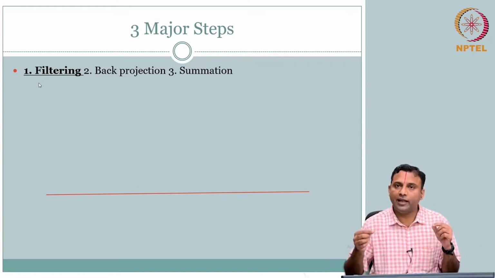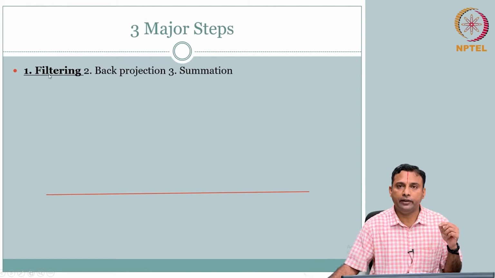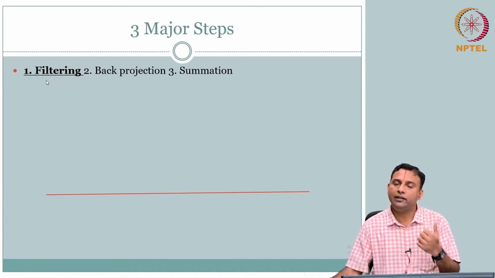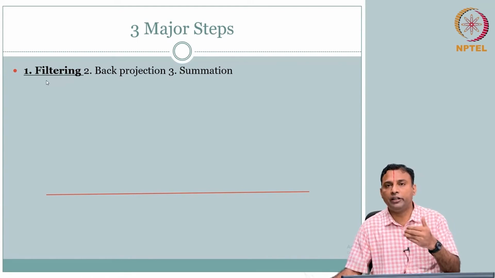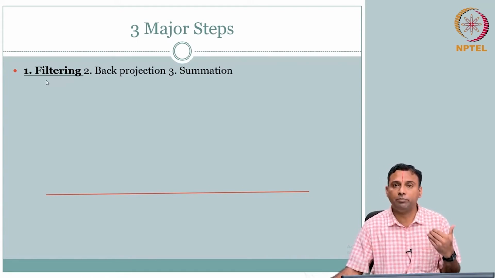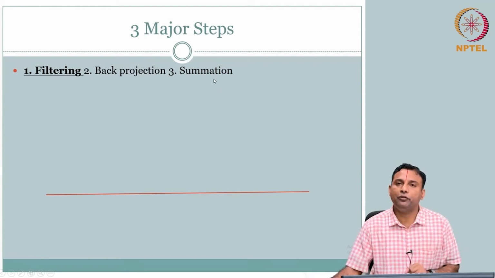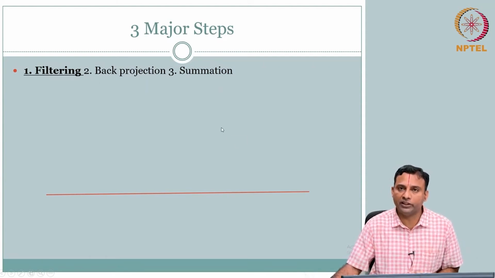That projection data has to be filtered. The filtering can be accomplished in frequency domain or in time domain. So that came as filtered back projection or convolution back projection. But filtering is the first step after you collect the raw data, and then you have to do back projection. Finally, you have to sum. So these are the three major steps.